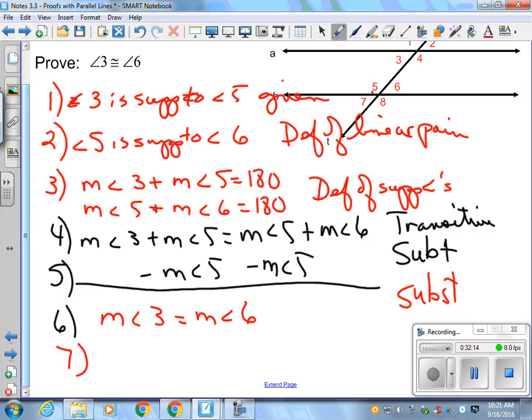But the next reason is real simple, because I can go straight to saying if they're equal measure, they're congruent. I mean, that's just obvious, right? If they're equal, they're congruent, because the definition of congruent says that they're equal. And that's your reason. Definition of congruency.